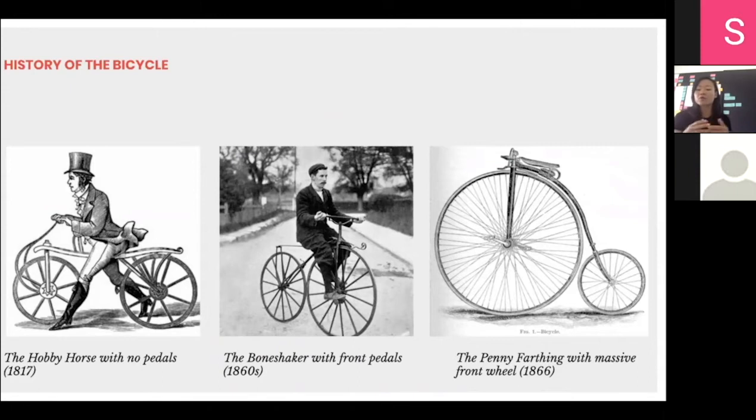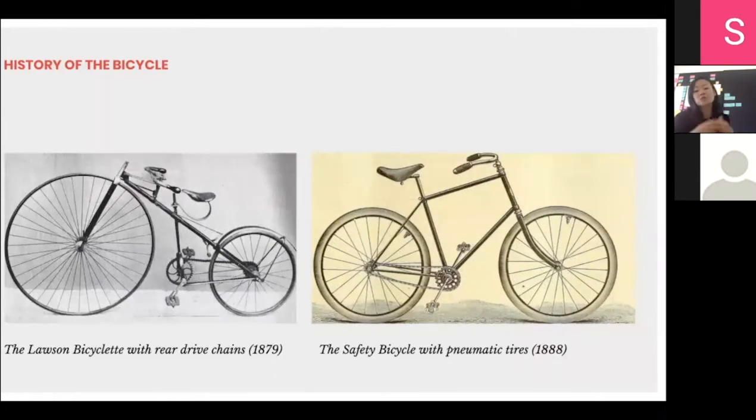Over time, the very first iteration didn't even have pedals. The way you got around was you had to take large strides while mounted on top of it. Over time, we made the wheels bigger, we made the wheels smaller, we added drive chains to the back so that it was much more efficient in terms of driving forward with pedal power, and so on, until we got to what looks very much like the modern bicycle in 1888.